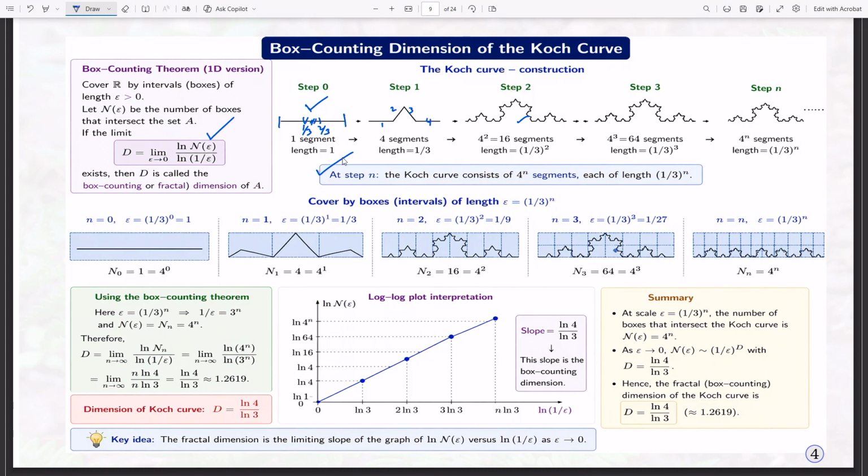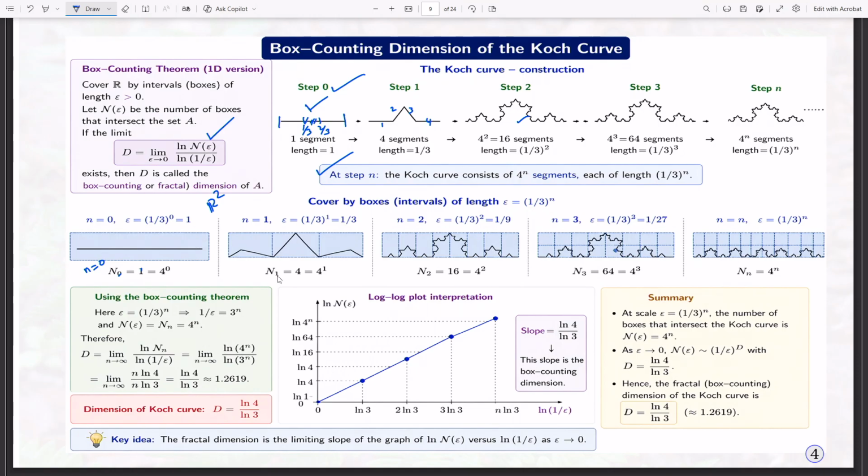Now, you can observe in the first step, we can take n naught, that means n equal to 0, epsilon equal to 1 by 3 power 0 equal to 1, that means epsilon of radius 1. Then a single line segment is enough to cover this, because it is in R power 2 with side length 1.